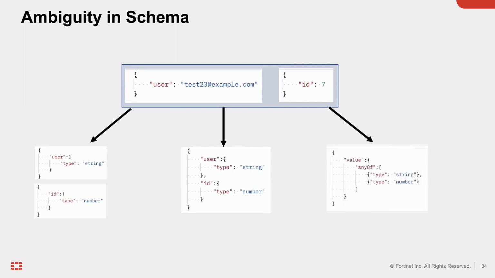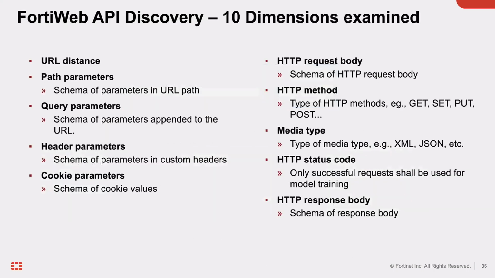Now, for the ID, it's a type number. But what if the type could vary? We see ID is 7 as a number, but what if the developers also allow SEVEN as text? The API discovery should be able to see that as well. Those are some of the ambiguities we have. FortiWeb will examine in 10 different dimensions, such as URL distance, path parameters, query parameters, and so on, and we will learn about your API endpoint, again applying some machine learning in the back.